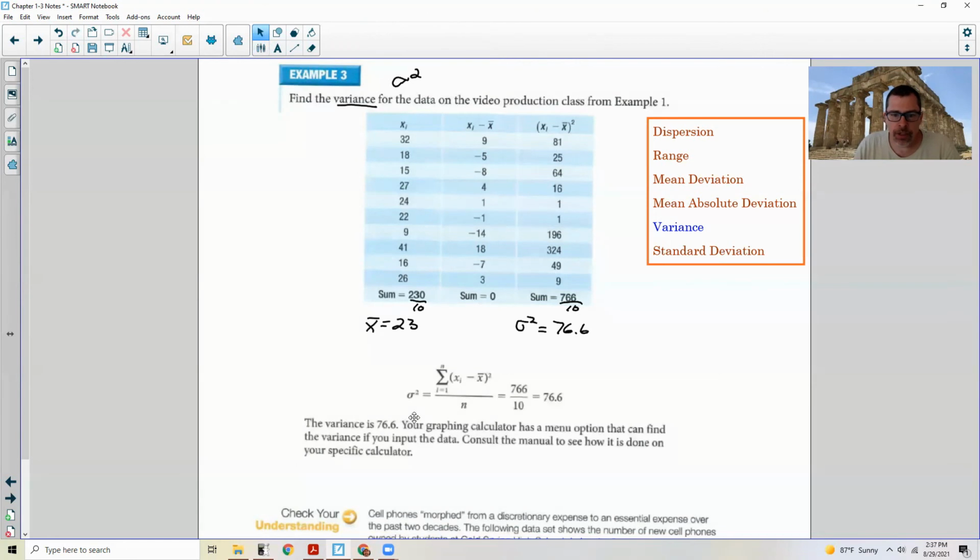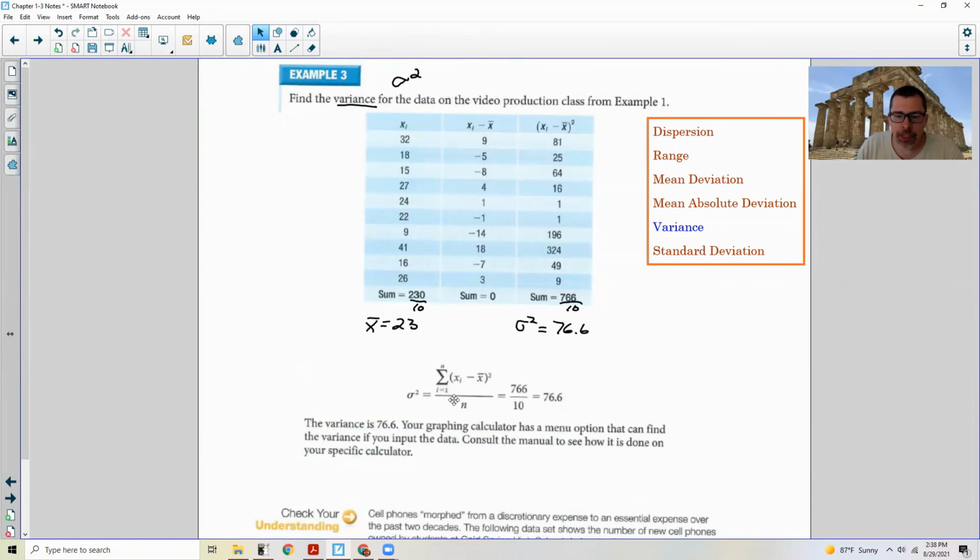So sigma squared equals the sum from 1 to n of x sub i minus x bar quantity squared, all divided by n. We got 766 when we squared all those values and added them up. Divide by 10 and you get 76.6. The variance is 76.6.